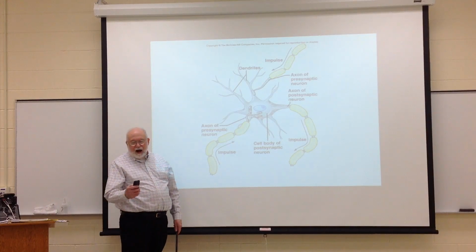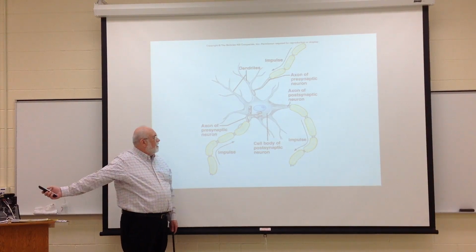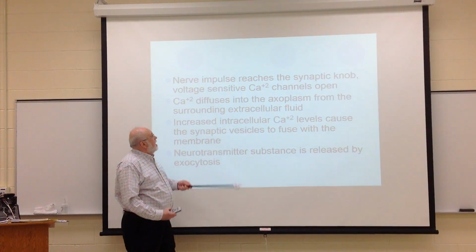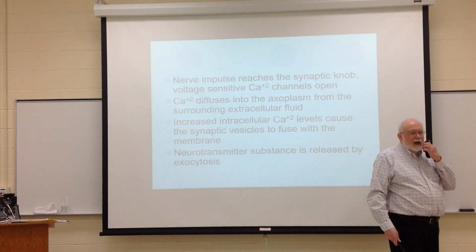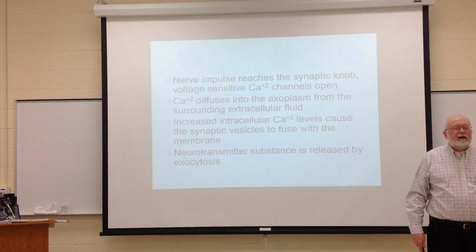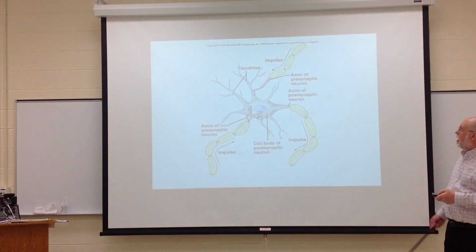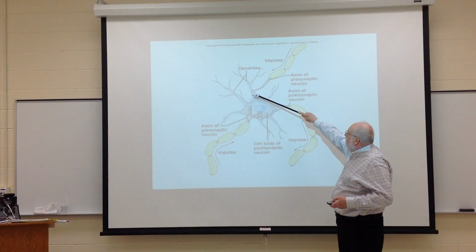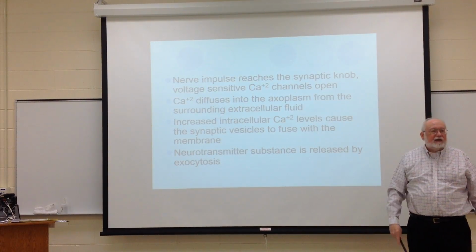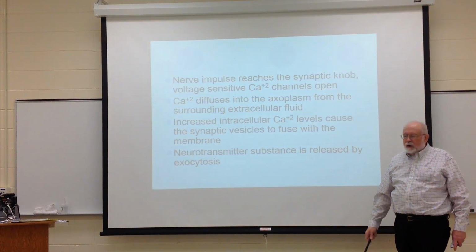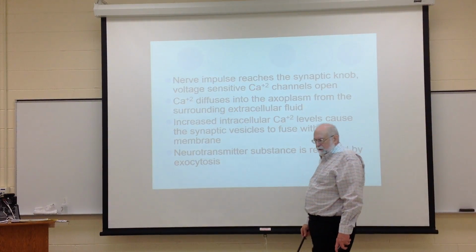All right, now, nerve impulse reaches the synaptic knob. What does it do? Well, one of the things you find in the membrane of these synaptic knobs, in their membranes, you're going to find calcium ion channels, another type of transmembrane protein.